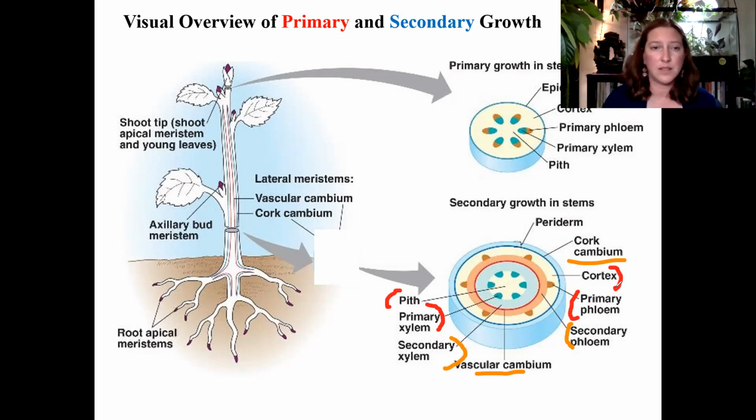It's not like the stem's doing primary growth and then just making secondary growth. Remember, I said that the secondary meristems come about from the primary tissues. So depending on what age you're cutting that stem, you might see a combination of the two. That'll become clearer, I think, on the following slides.